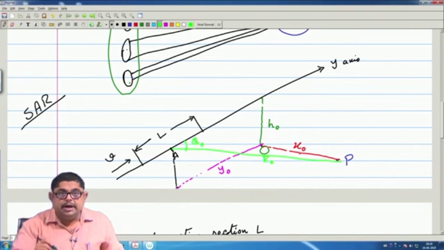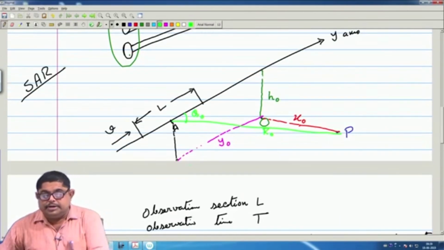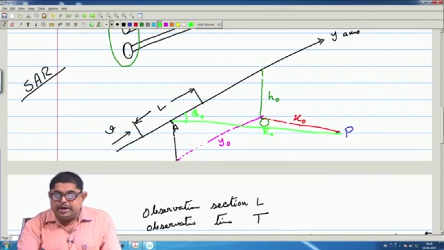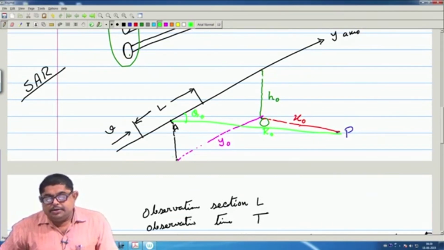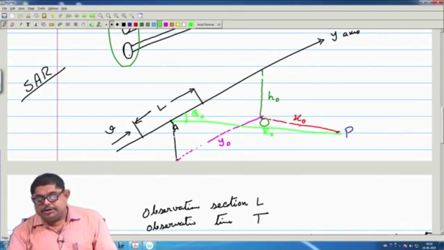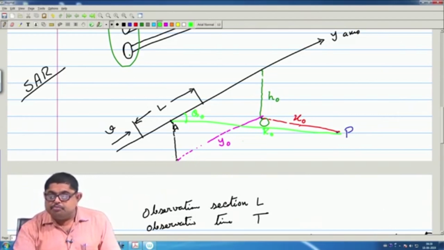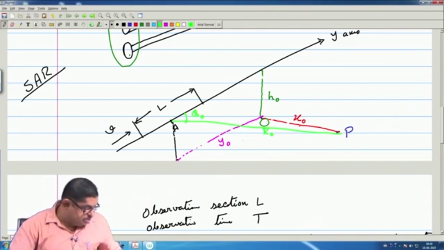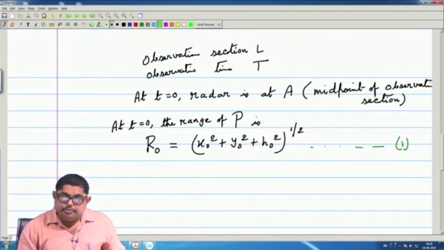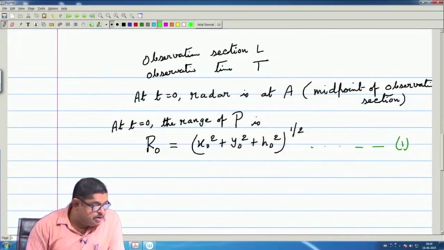This angle is theta naught. So, from this geometry can I easily say what is theta naught? Theta naught is cos inverse y naught by r naught. So, that is my second equation.